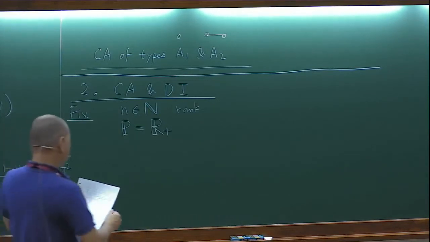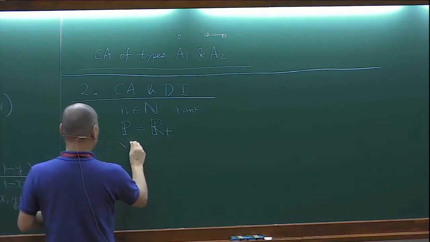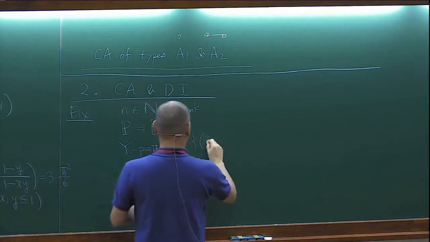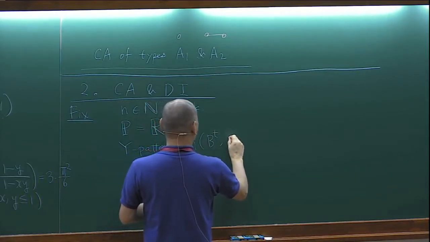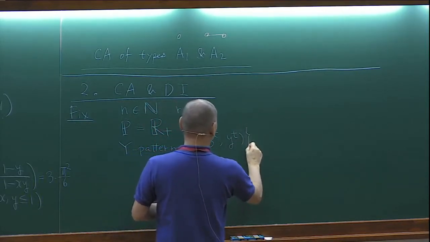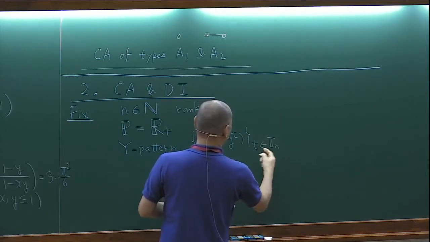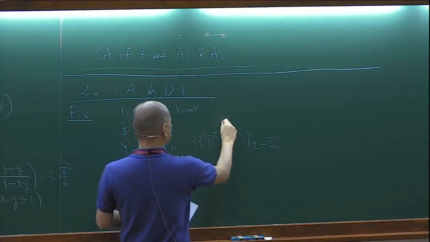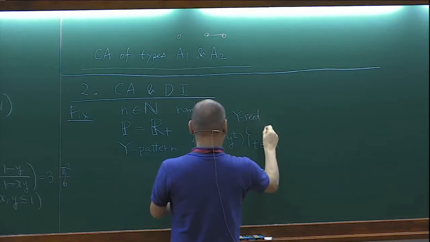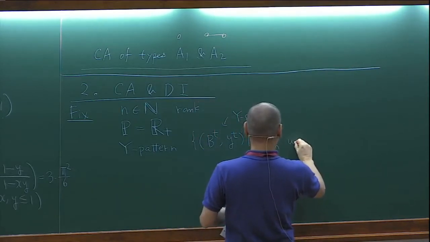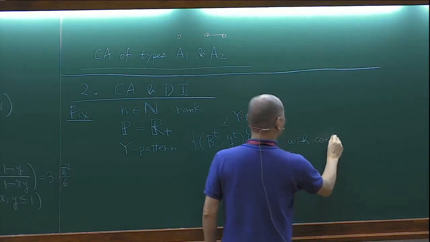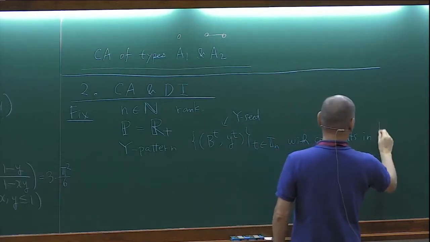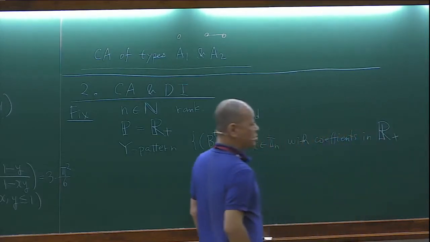Then we consider the Y pattern, which is, for each vertex of the n-regular tree, you associate a Y-seed, such that this has coefficients in this special semifield R plus, so they are just positive real numbers.